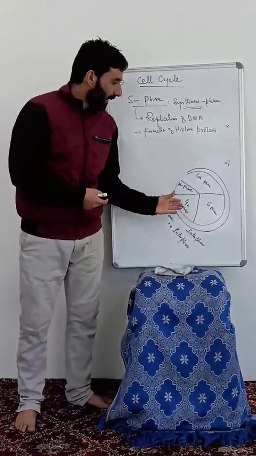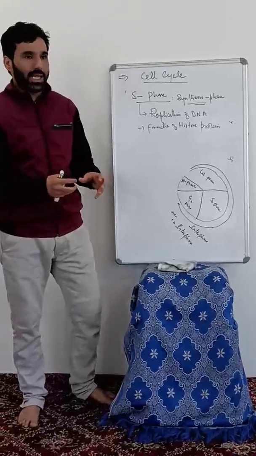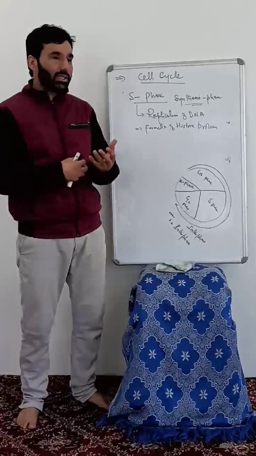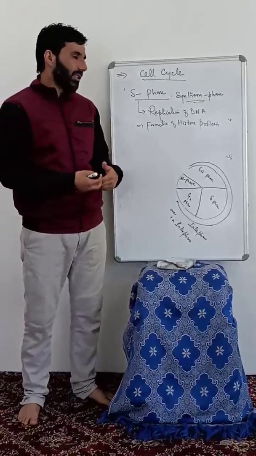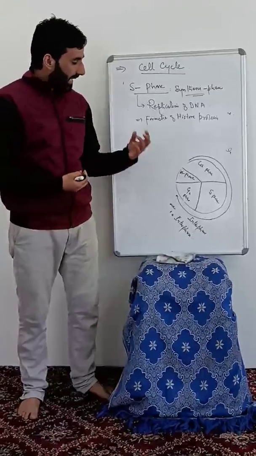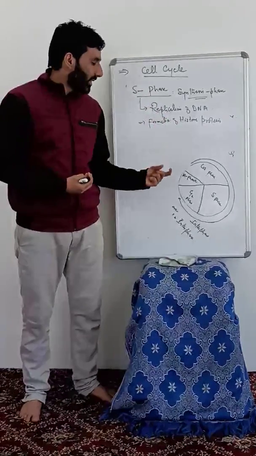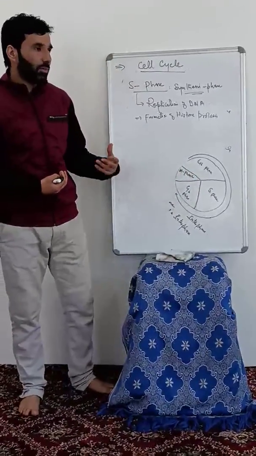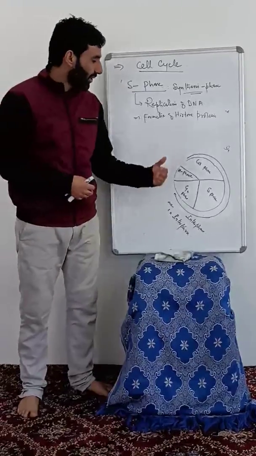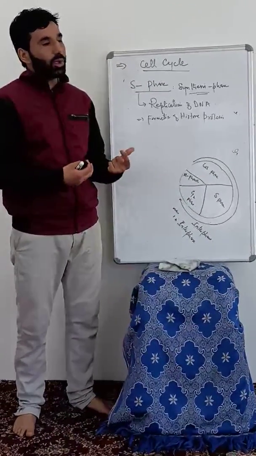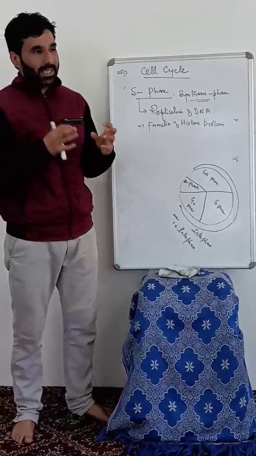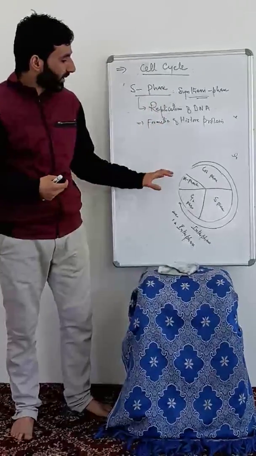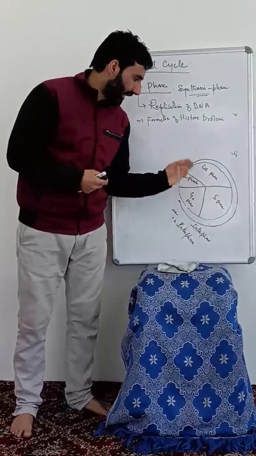So when the cell has entered S phase, and has replicated and doubled its DNA, it is committed to divide. हम कह सकते हैं कि जब सेल एस फेज में आ गई, इसने डीएनए को डुप्लीकेट किया, डीएनए का अमाउंट डबल किया, रेप्लिकेशन की, इसके बाद उसको डिवाइड होना पड़ता है, इट्स कमिटेड, उसको एक सिग्नल मिलती है कि आपको डिवाइड करना है. So in this S phase, the most important thing is that there is replication of DNA.